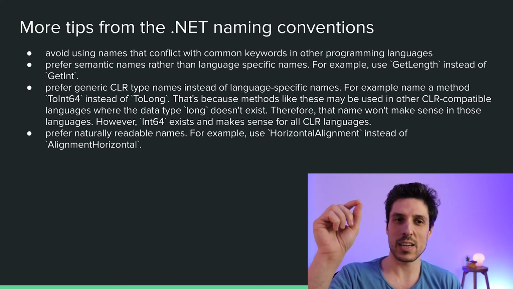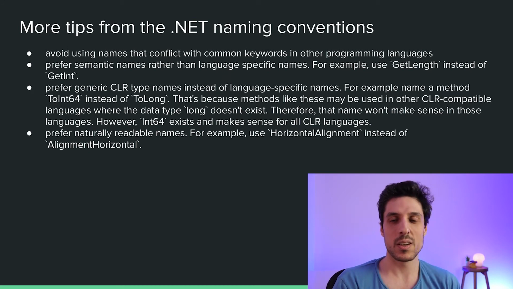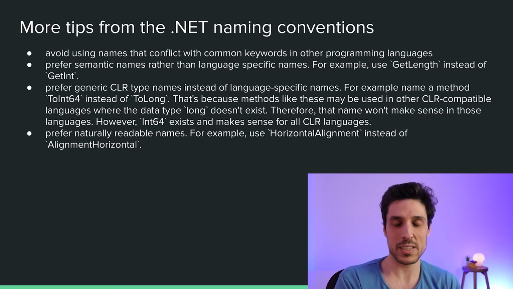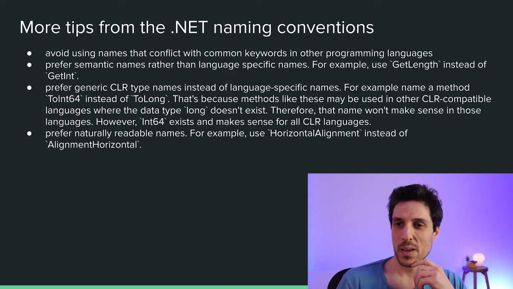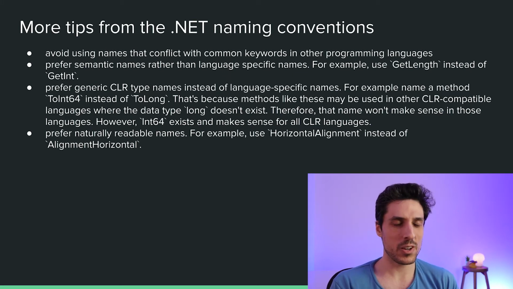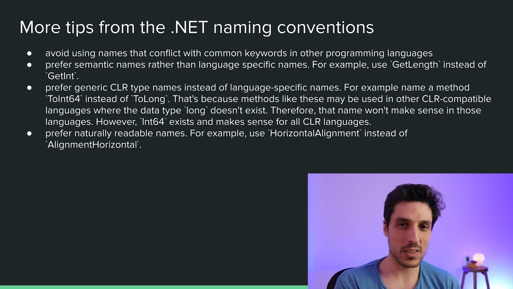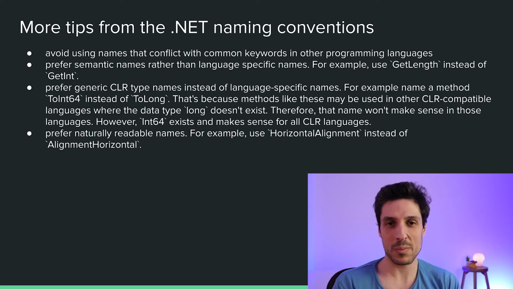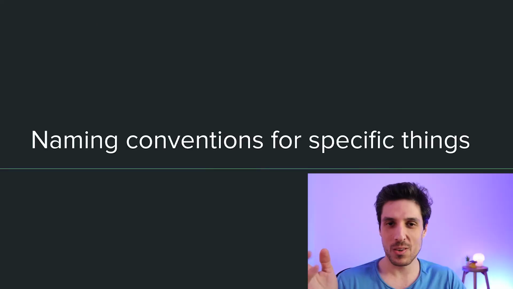So it makes sense for all languages, but the name toLong doesn't make sense for all languages, something like that. And as another one, it says to prefer naturally readable names. For example, name a variable horizontal alignment and not alignment horizontal, which isn't how you would normally pronounce those words, okay? All right, yeah, so that was quite a lot so far.